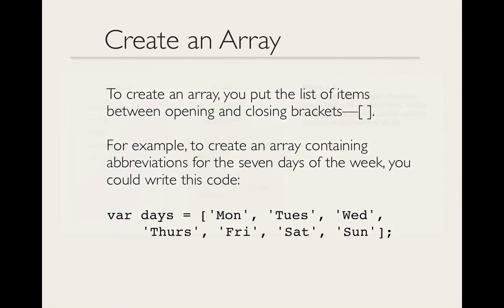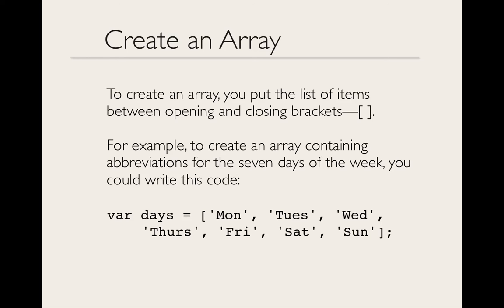Very, very handy. So to create an array, you can do this one of three ways, but you typically use these square brackets, the opening and closing square brackets, to define an array. For example, to create an array containing abbreviations for the 7 days of the week, you could write the keyword var, the name days, an assignment equal sign, and then within the square brackets, you just list the objects in the array, separated by commas.